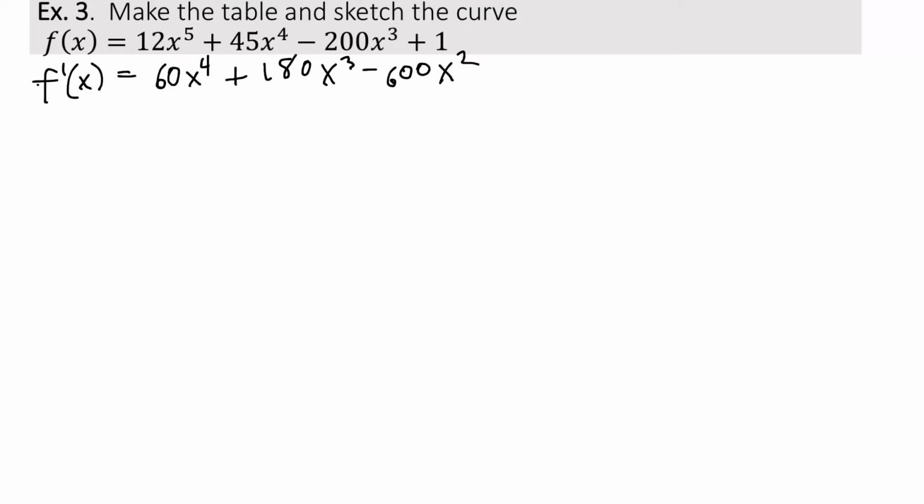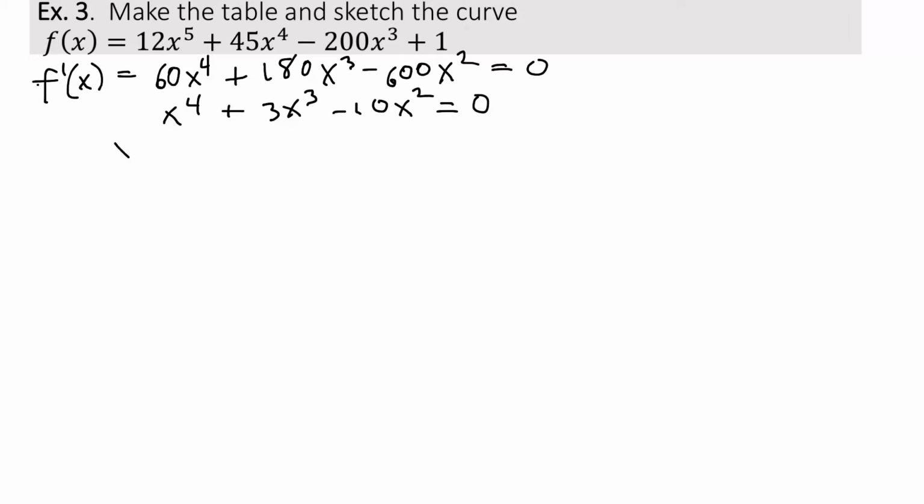So if I divide out by 60, I'll get x to the fourth plus 3x cubed minus 10x squared is equal to 0.